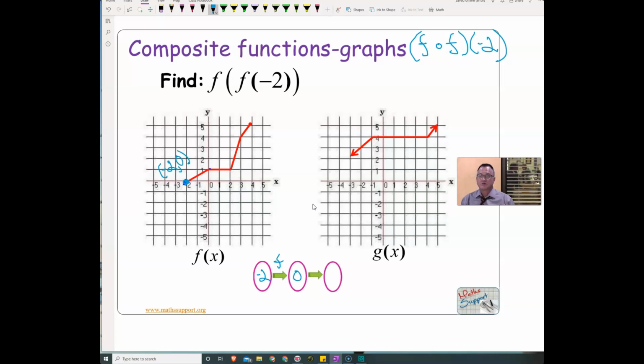So 0 goes right there. And then I take that 0 and it becomes my input. So f of -2 is 0. And now when x is equal to 0, the corresponding y coordinate is 1. So this is equal to 1.